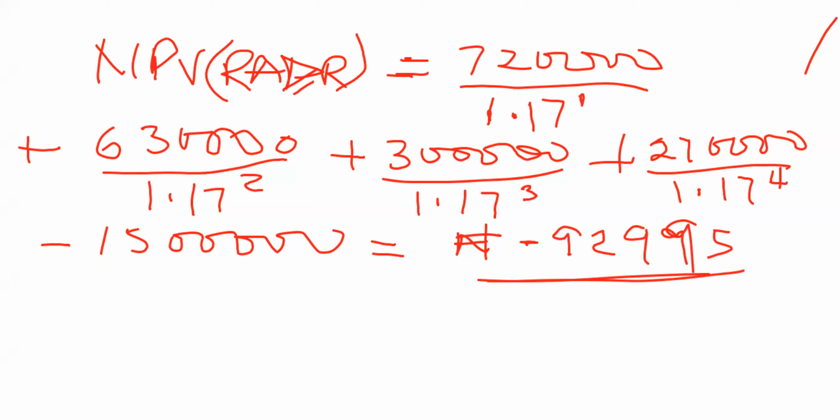It means this is risky and it's not viable, and therefore is unacceptable. That means we reject this project because it has a negative NPV. So that's all about risk adjusted discount rate. Is it clear? Yes, sir.